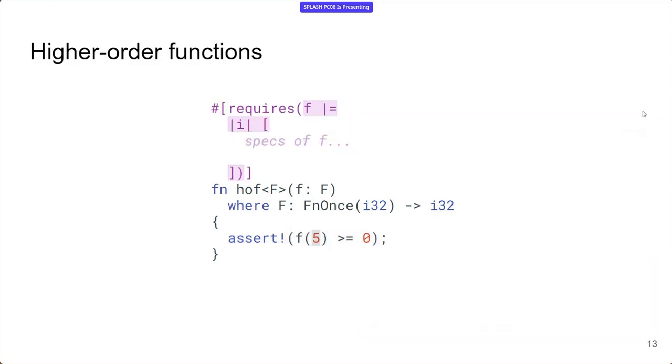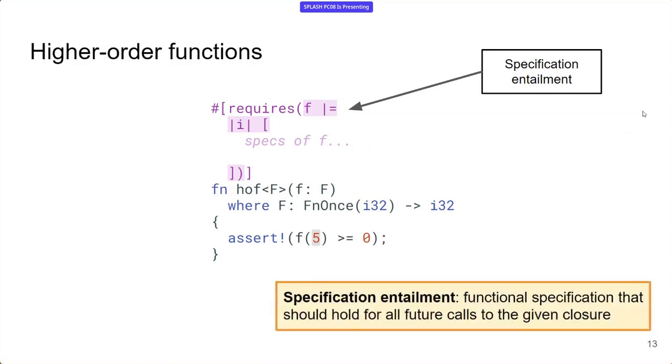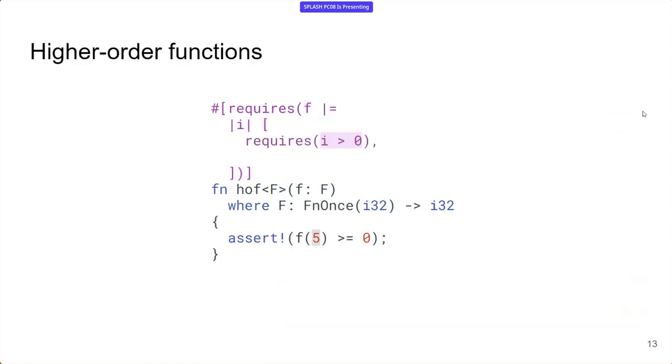And so for this, we use a specification entailment, which essentially says what is the apparent contract of the closure as you can see it within this higher function. Something that should hold for all the future calls of the closure within the higher function.